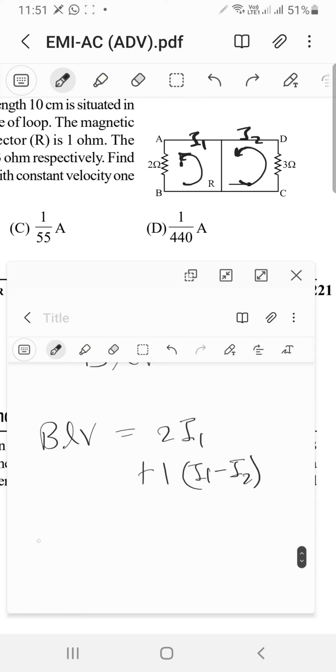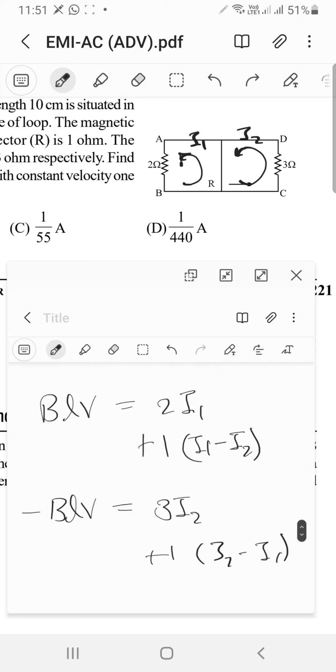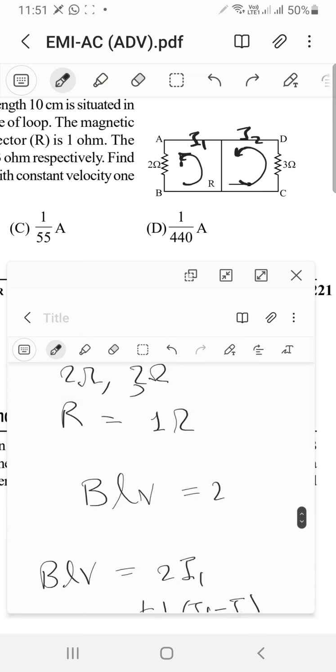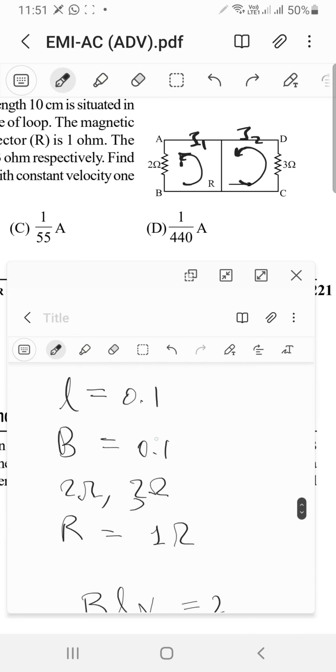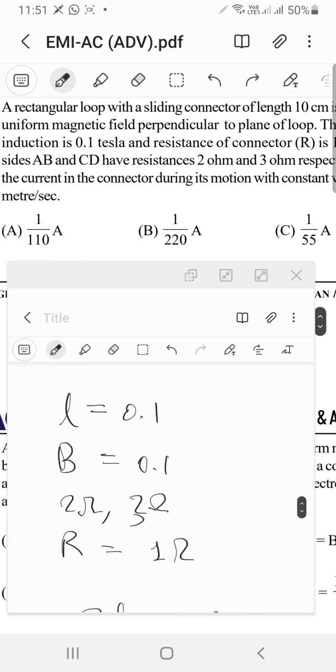And for the second one, it should be negative BLV equal to 3I2 plus 1 into I2 minus I1, right? Writing it, it's not that bad, we can solve this. So B times L, that's going to be 0.01 times V, we don't know, right?